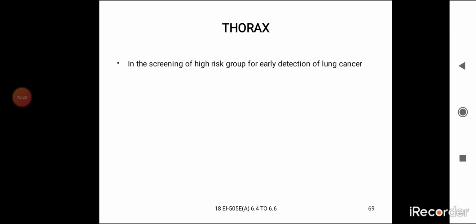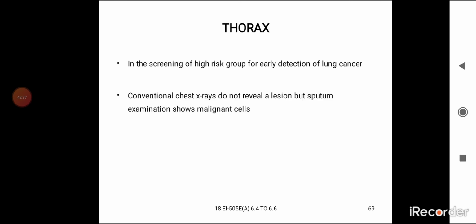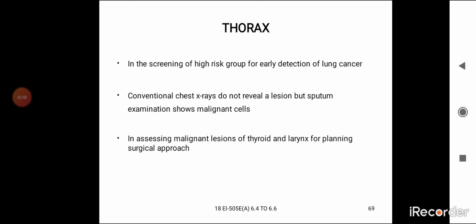In the screening of high risk groups for early detection of lung cancer, conventional chest X-rays do not reveal a lesion, but sputum examination shows malignant cells. In assessing malignant lesions of thyroid and larynx for planning surgical approach. In the evaluation of mass lesions.